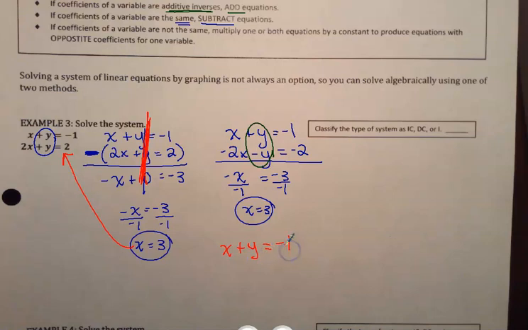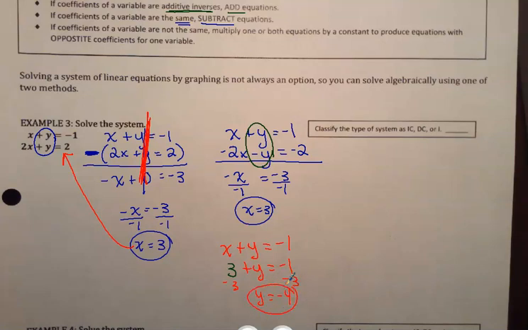And I'm going to plug my x equals 3 into my equation. So I'm going to say 3 plus y equals -1. So I'm going to subtract 3 from both sides. Y equals -1 minus 3 is -4.